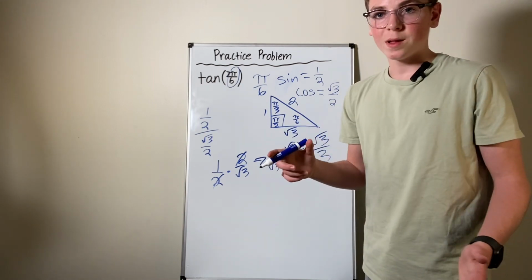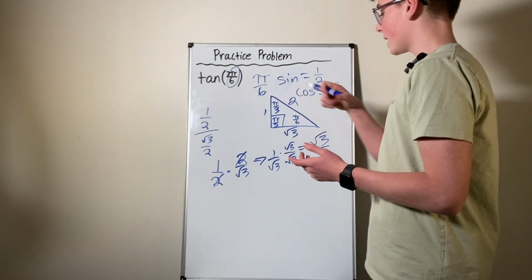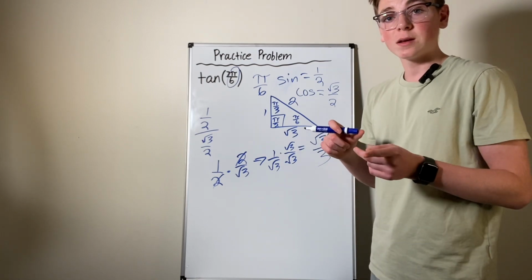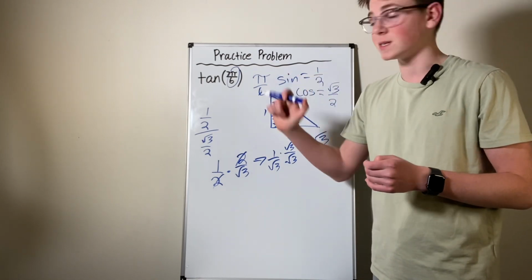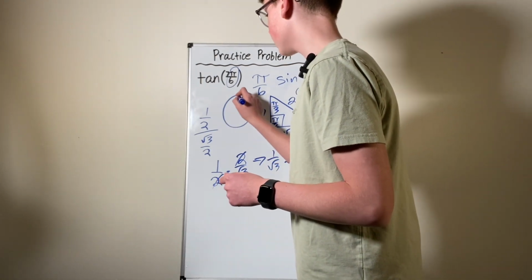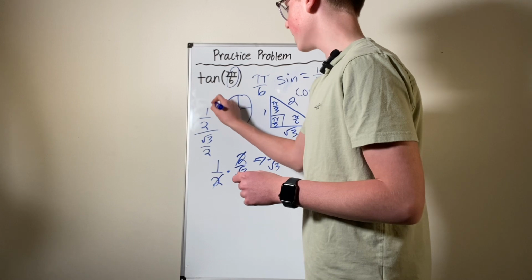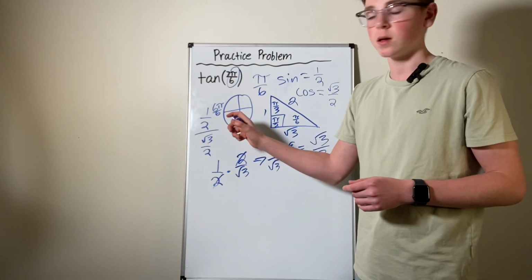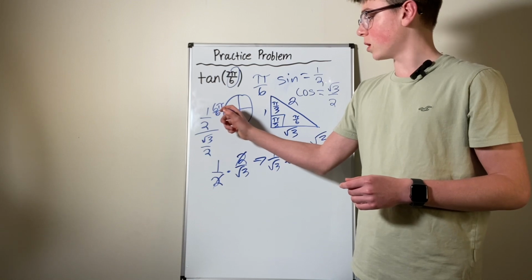But now that we have the reference angle and we found the tangent of that reference angle, do not forget to go back and look at what quadrant this is. 7 pi over 6. If we think about it, this would be 6 pi over 6, which is the same thing as pi. So it's all the way over here.